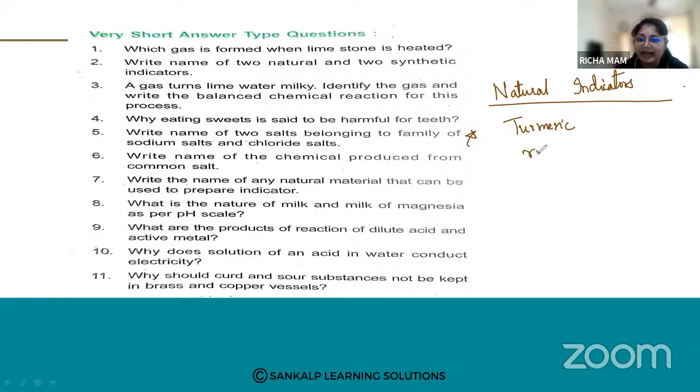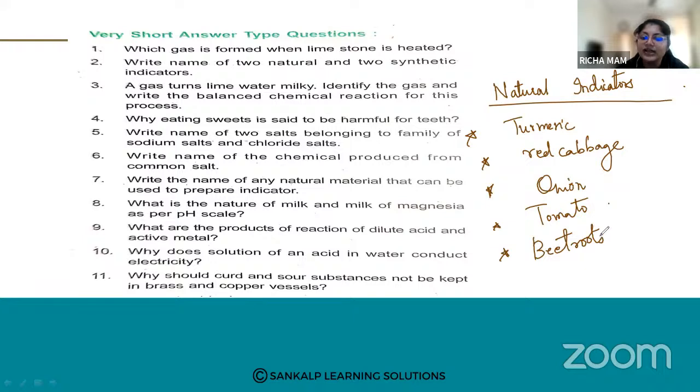Then red cabbage is also another. Then onion, tomato, beetroots. So these are some of the examples of natural indicators.